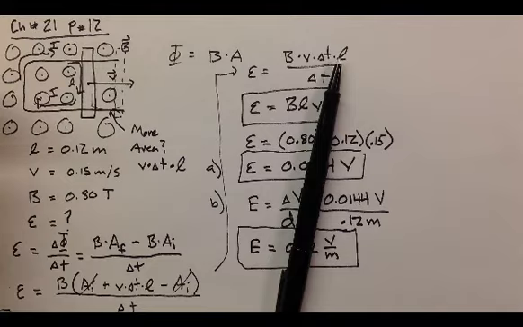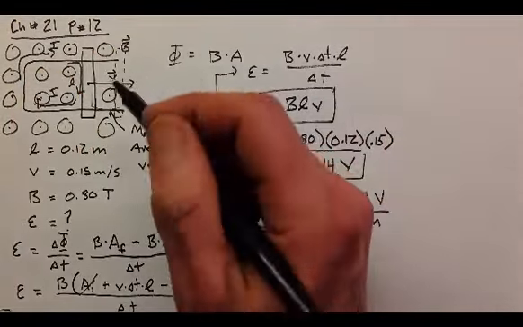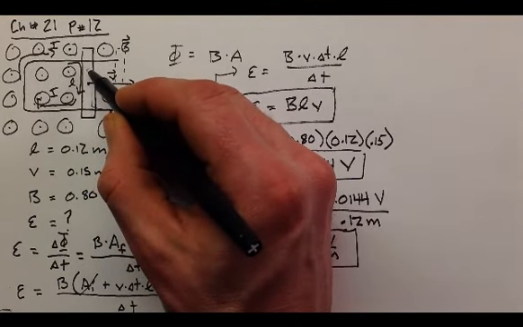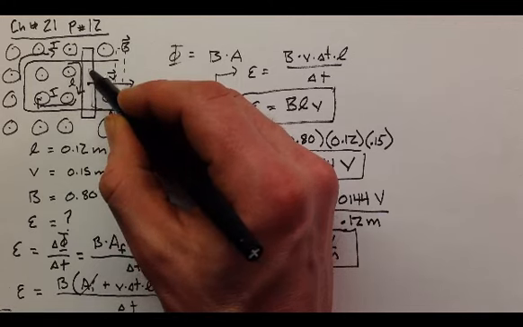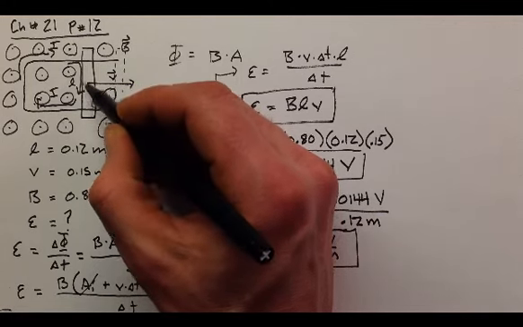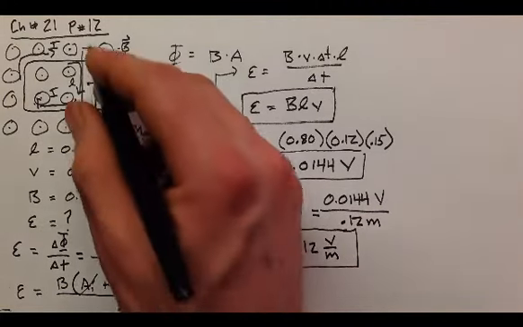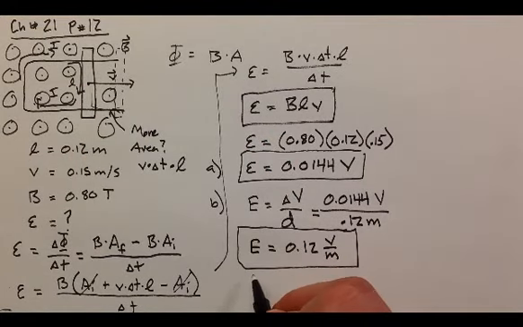So since the change is out of the page, the induced current must produce a magnetic field into the page. And if that is the case, that means that the current is flowing down this way or downward, and that must be the direction of the electric field. So the electric field here is towards the bottom of the page or downward.